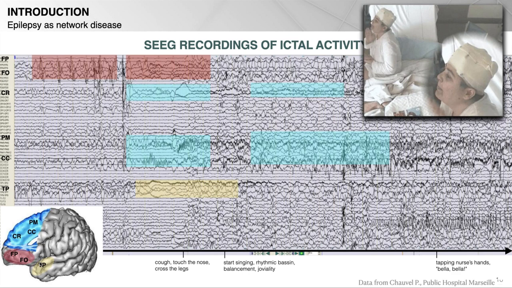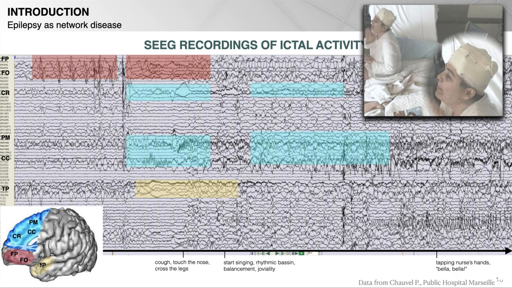So as you can see with these examples, the epileptic activity is not restrained to only one brain area, but involves a widespread brain network, forming what we call an epileptogenic network. The epileptogenic zone, in which the pathological activity of highly oscillatory nature emerges and organizes itself, and then we have seen that it propagates to other areas.